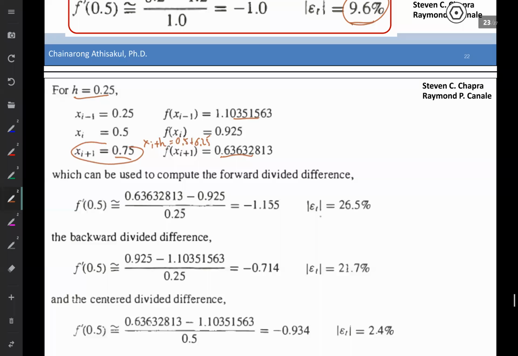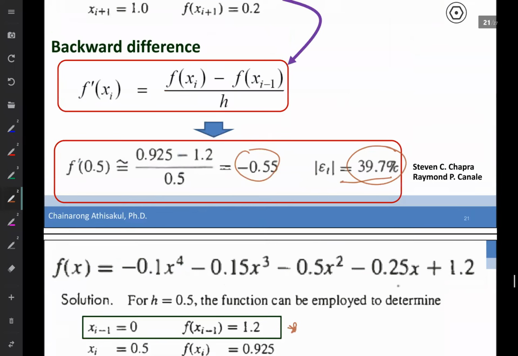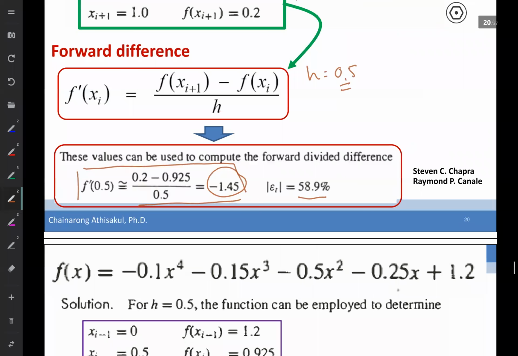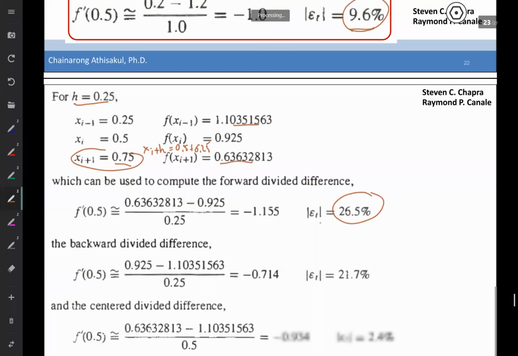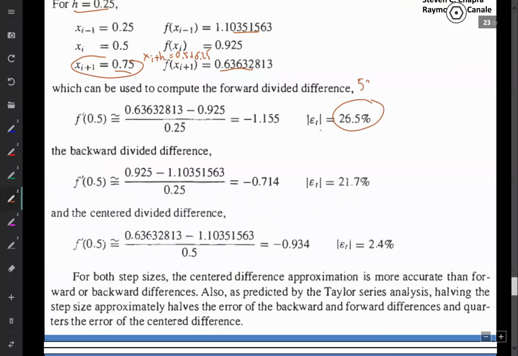Okay, so according to this, you see that for the forward difference, the error falls to 26.5%. From what? From approximately 58.9%. 58.9% is for h equal to 0.5, right? And this is h equal to 0.25.